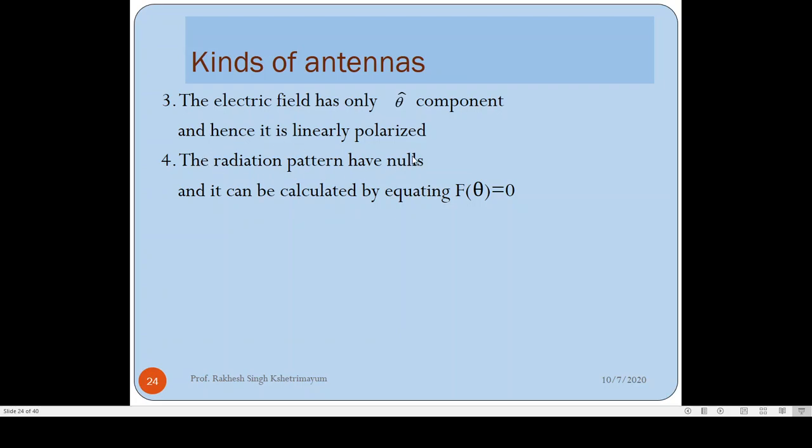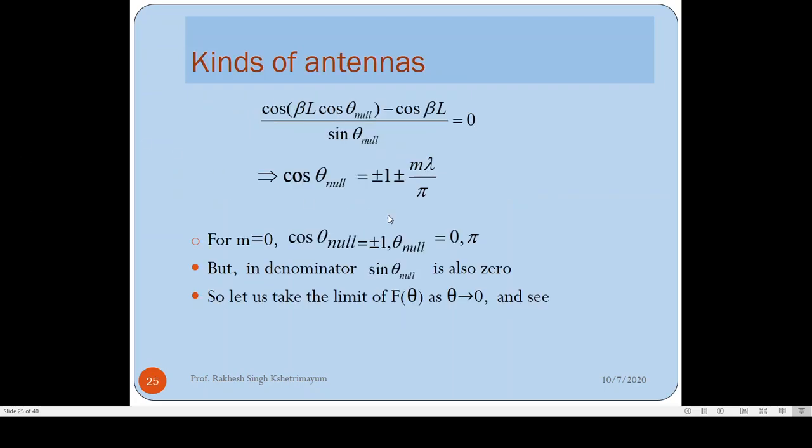We can also find out the nulls in the radiation pattern. A null of the radiation pattern occurs when capital F theta is equal to 0. That means there is no radiation along that direction. So what was capital F theta? Capital F theta was cosine of beta L cos theta minus cos beta L, divided by sine theta.